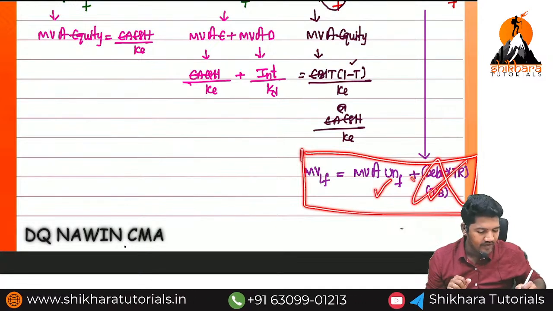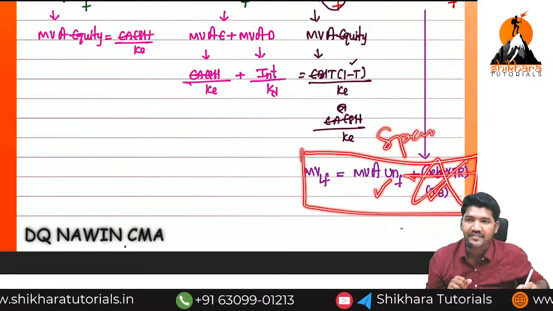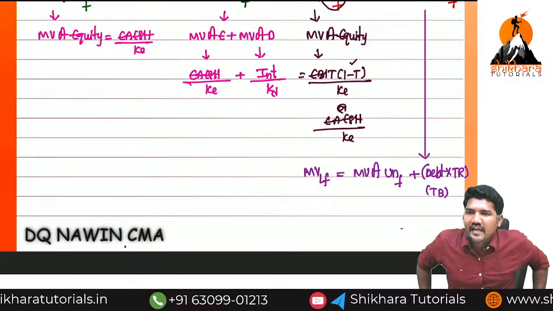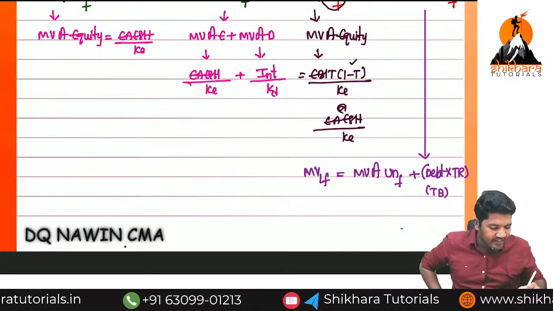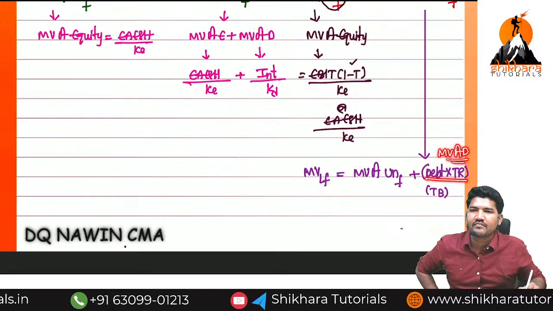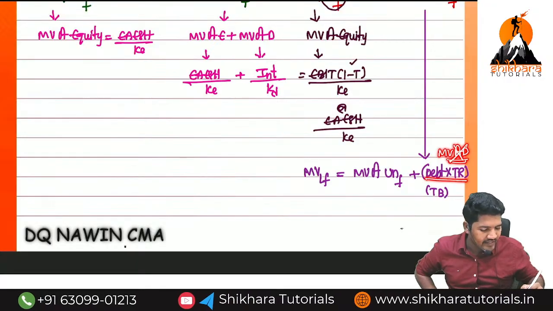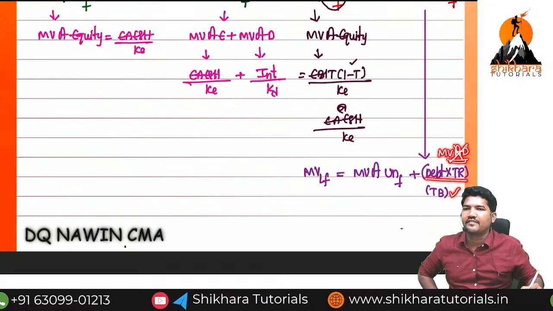It's not the market value of a debt. Debt into tax rate is a specified calculation. All students think that debt into tax rate is known as market value of a debt. It's not the market value of a debt. It is what? Tax benefit.